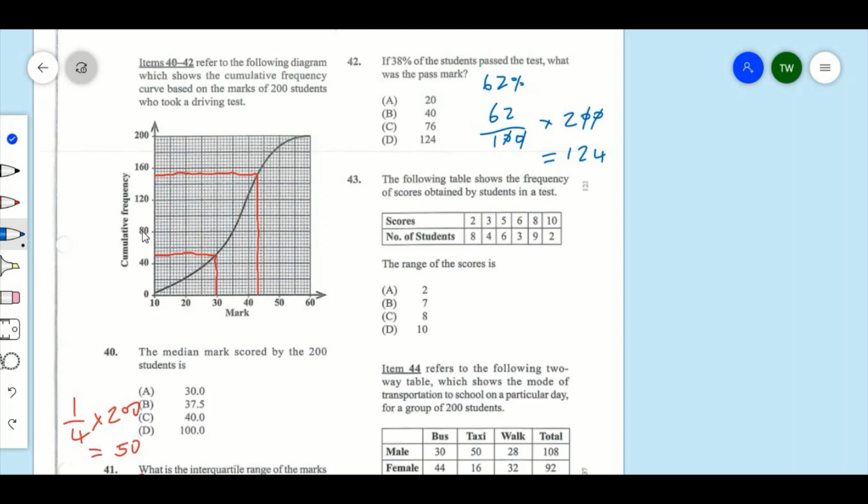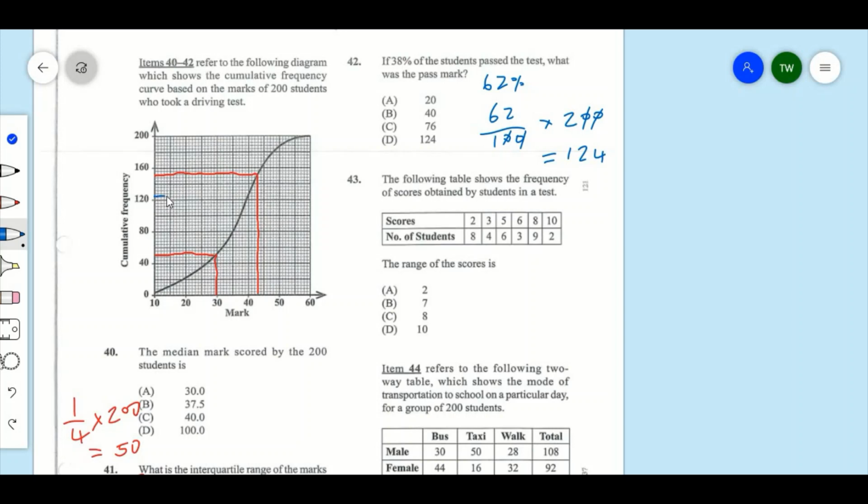So we need to go to 124. So this is 80. And 80 plus 20 is 100. And this is 120 here. And we need 124. It's just one of these small little boxes here. So 124 is just about here.